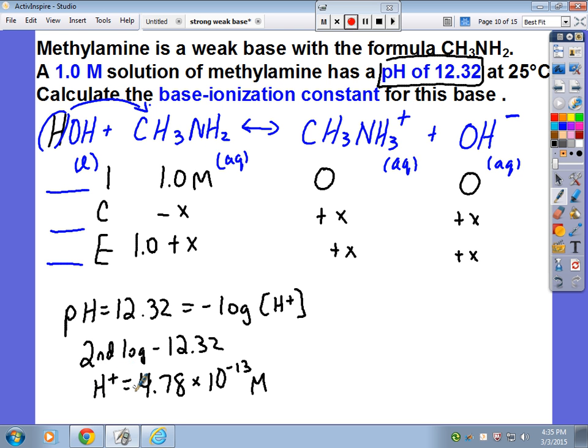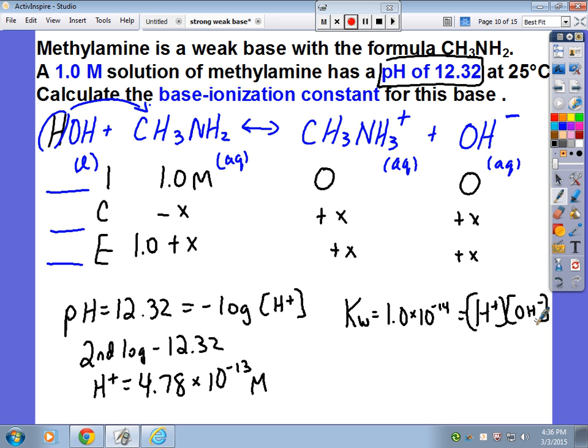Now, why is that handy? Well, I need to use that to find out my OH ion concentration. How do I do that? Well, you plug in a Kw, don't you? So what's Kw? 1.0 times 10 to the minus 14th is equal to H plus times OH minus. I'm going to go ahead and plug that in here.